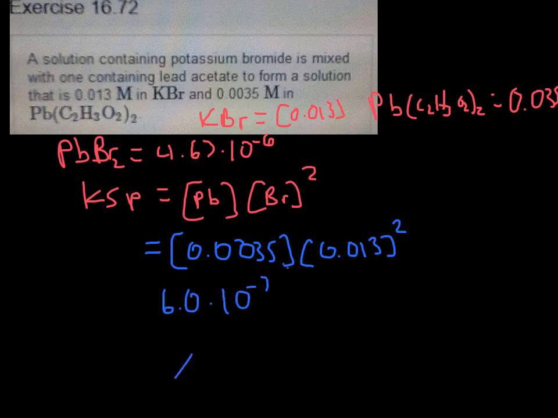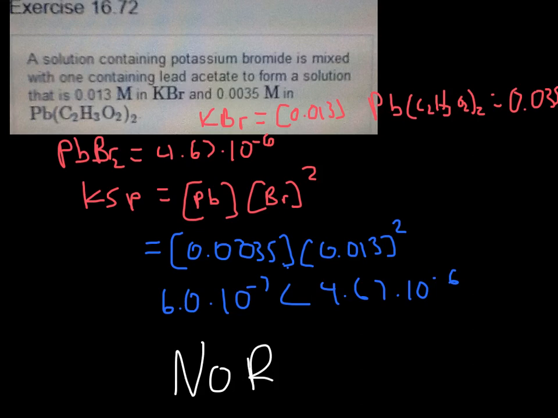This value was less than the Ksp value of 4.67 times 10 to the minus 6. So what does that tell you? That tells you that no precipitate forms, no solid will form. So how you would enter that in MyLab Math would be no reaction.